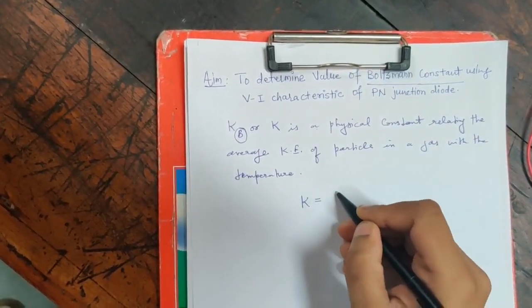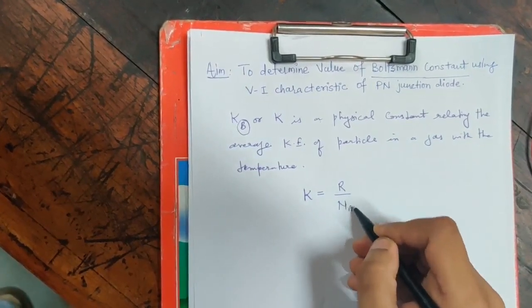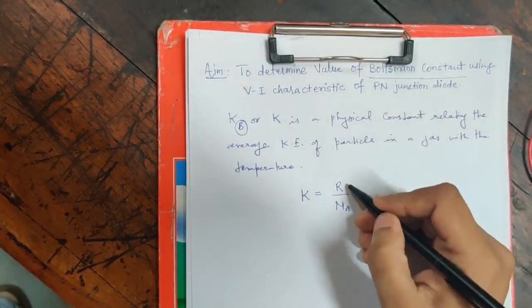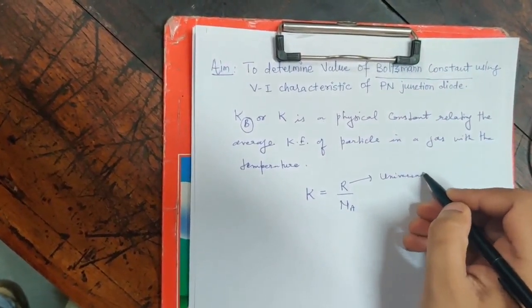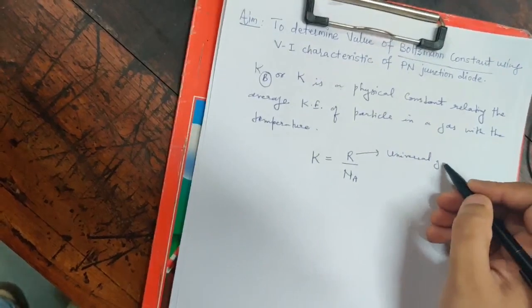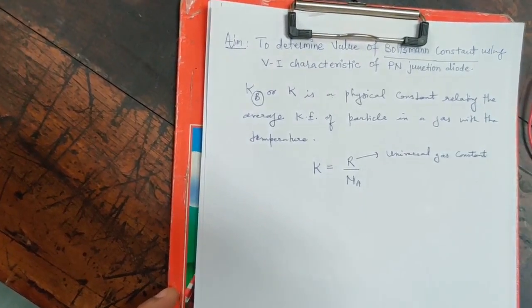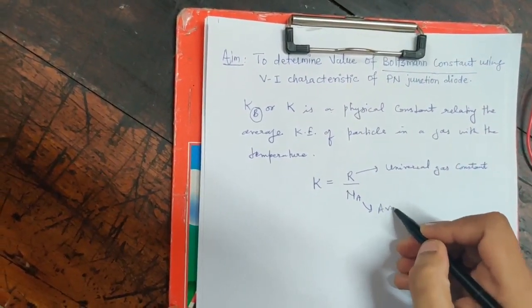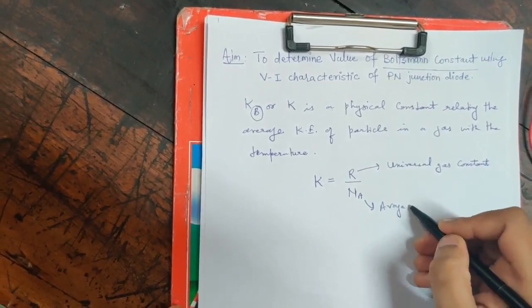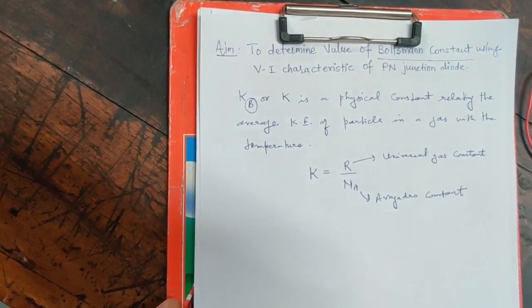I think you have already studied in the thermal classes last year that this K is the ratio of capital R by Na, where R is the universal gas constant and Na is the Avogadro constant.